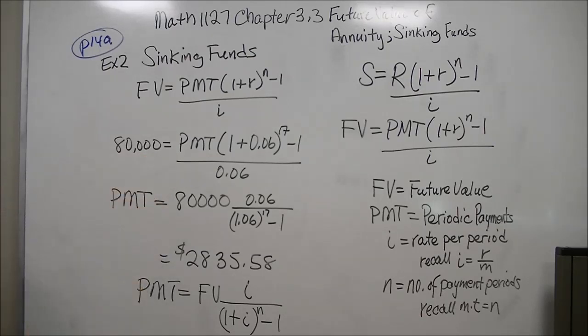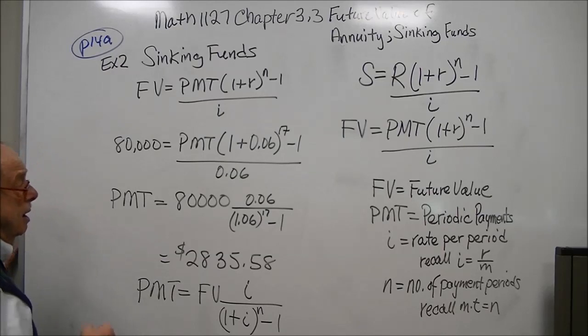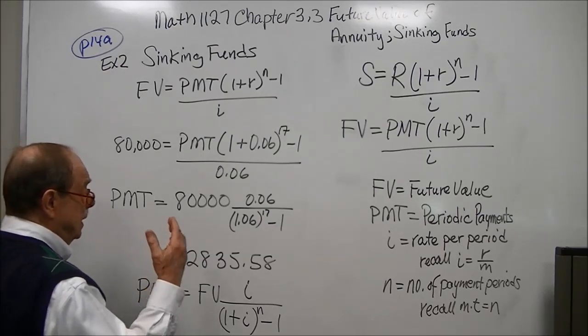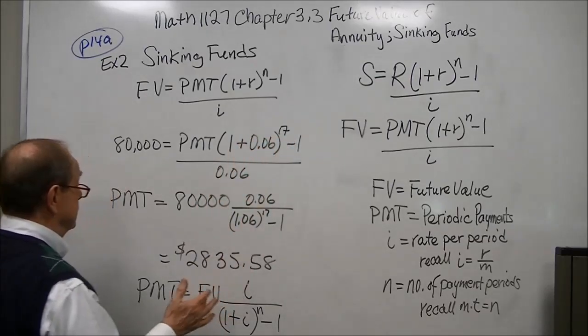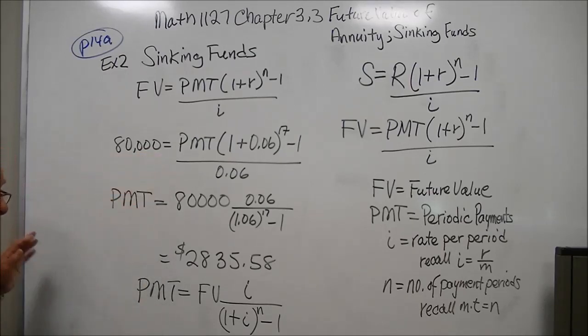Well, how much would they have to contribute each year for 17 years at 6% interest to be compounded annually, so that at the end of these 17 years they could have $80,000 for the child to go to college? Well, that's a pretty good help, actually.